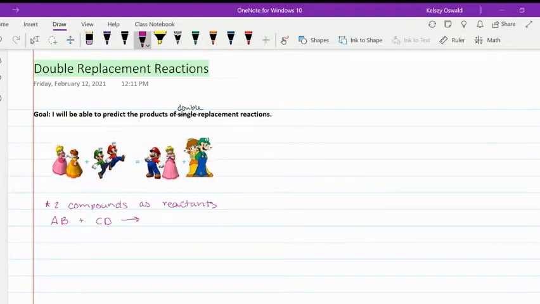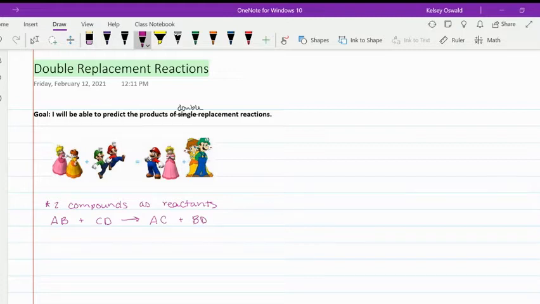Here we can see Peach replaced Luigi to form a new compound, AC, with Peach and Mario. And in our second compound, Daisy replaced Mario to form another new compound, BD. That's why it's a double replacement reaction. We have two things being replaced here.